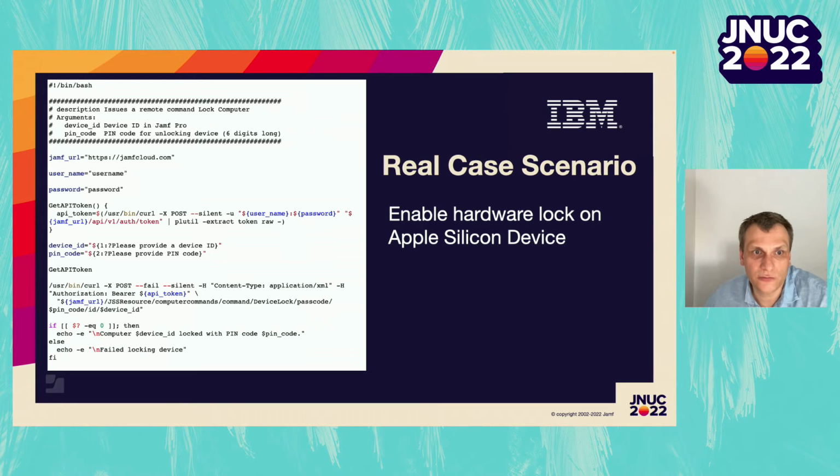The server returns the token along with information about its validity, which we parse out. And next we call the real API attached with this token. If all went well, the device will get locked. So this is a short example of how this all can be combined into one script.